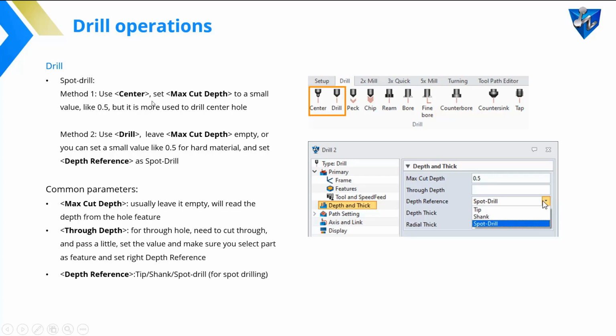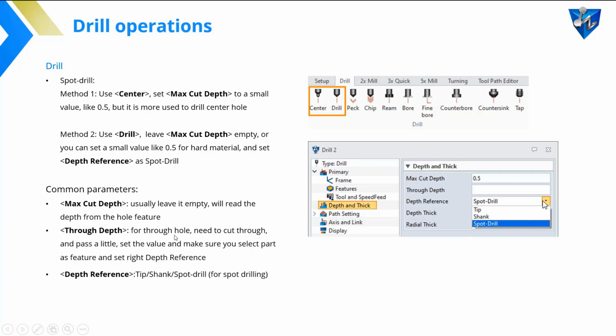We can use the center operation, just set the max cut depth to a small value like this, and it is more used to drill center holes. And also we can use the drill. We can leave the max cut depth empty or set a small value for hard material, and we need to set the depth reference as spot drill.